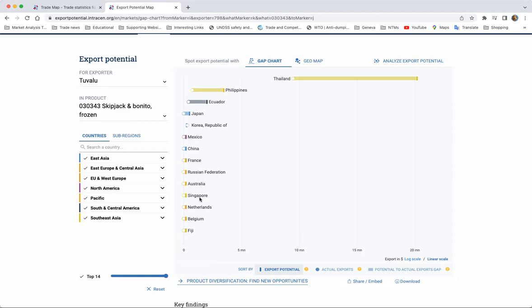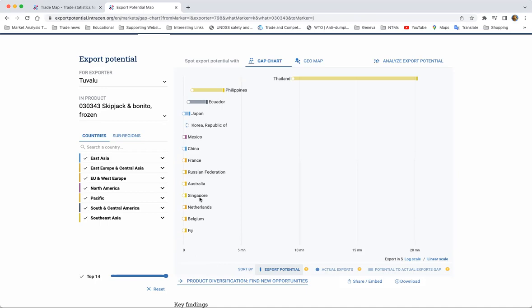It also might be because some countries are growing their global imports of this skipjack fish very well. And then this could show up as a potential partner for us, especially if there are trade agreements in place, also something that is taken into account in this tool. So there might be many reasons why these countries show up.